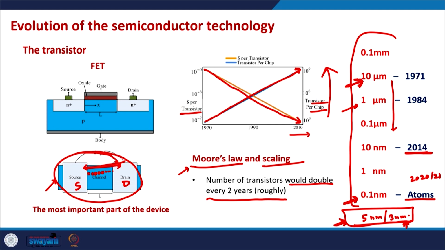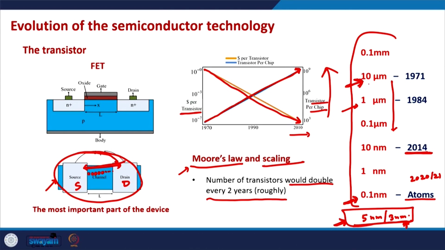So the theories and the physics of the transistor that were developed in the 1970s and 1980s to explain and model transistors were based on the characteristics that these devices had at tens of micrometers.